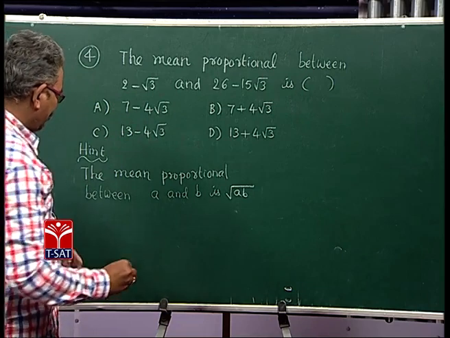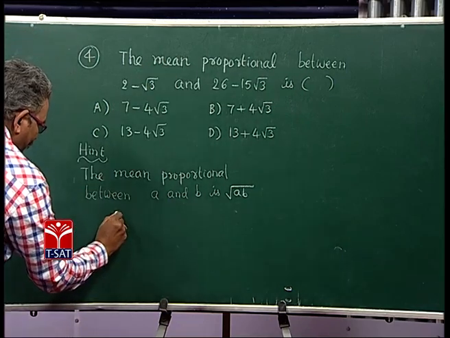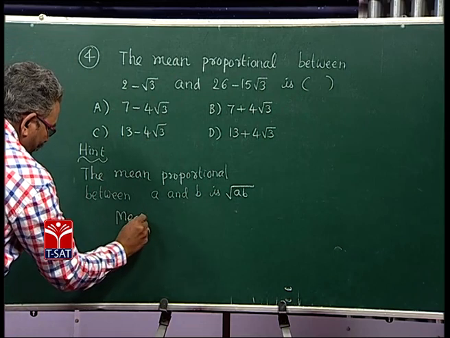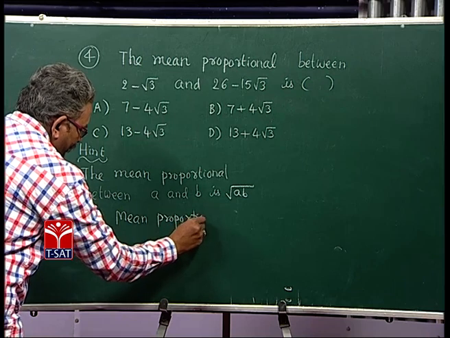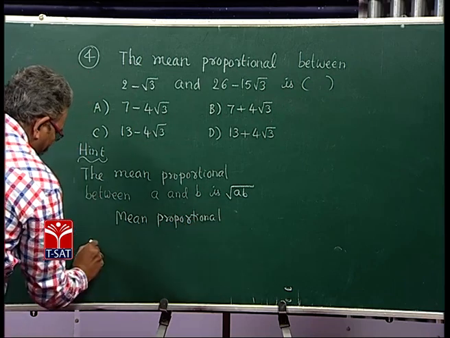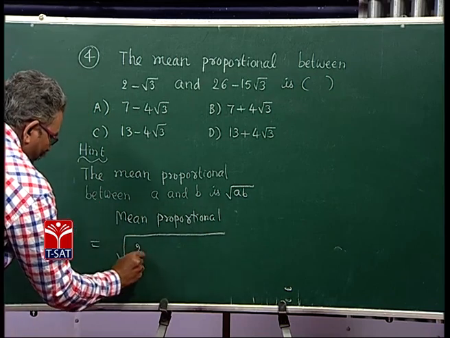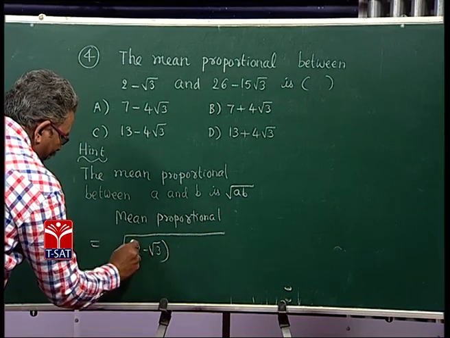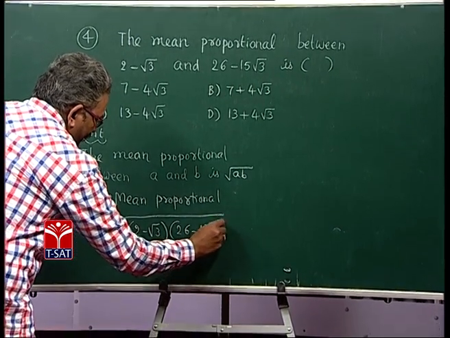That means the mean proportional is equal to root of 2 minus root 3 into 26 minus 15 root 3.